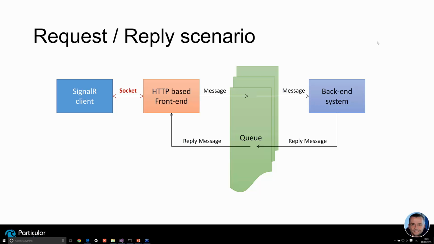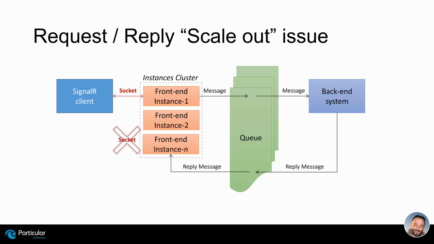Yes, thanks, Sean. One of the interesting issues that this architecture brings to the table is that, as shown last time by Alton, as soon as we start scaling out front ends, we may encounter this scenario.